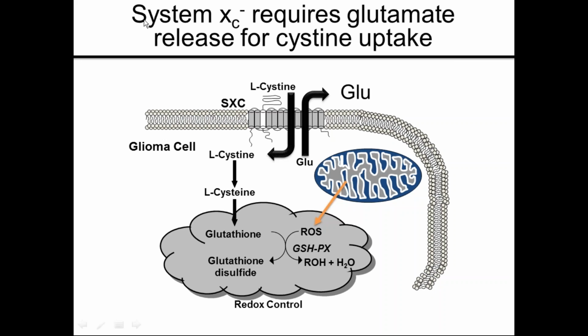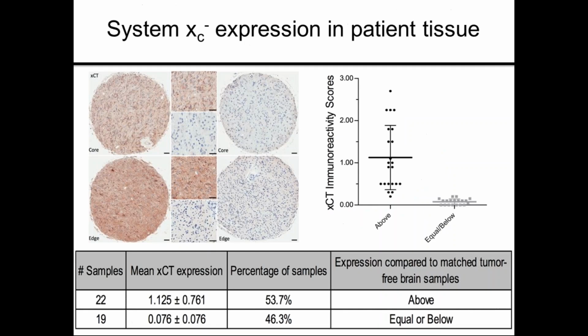They identified a cell surface transporter called System XC that took in cystine, converted it to cysteine, and ultimately glutathione in the mitochondria, which had a number of biological effects. But to do that, the cell had to extrude glutamate. And so they looked at System XC expression in patients, and they did find that about half of patients with malignant brain cancer, glioblastoma, had high expression of this transporter in their tumor.